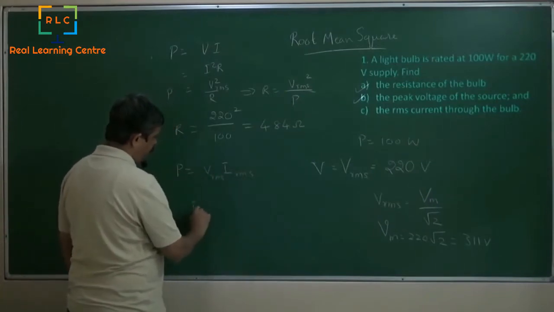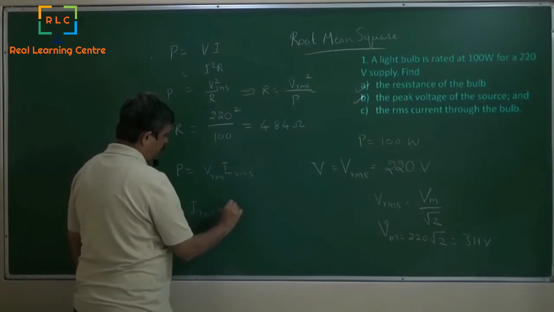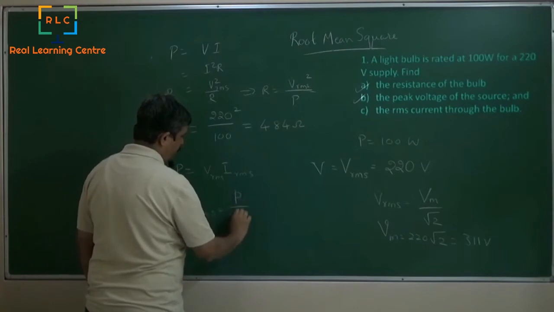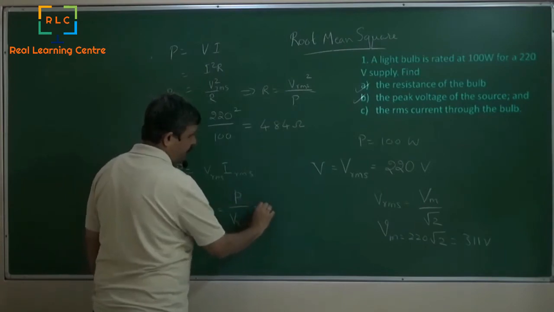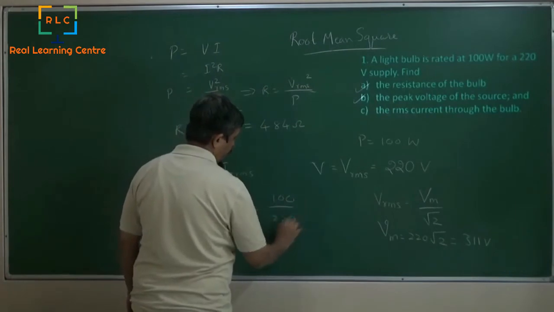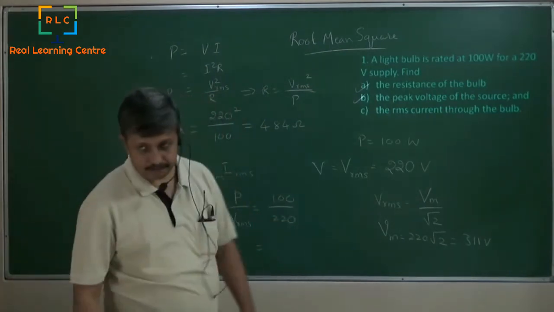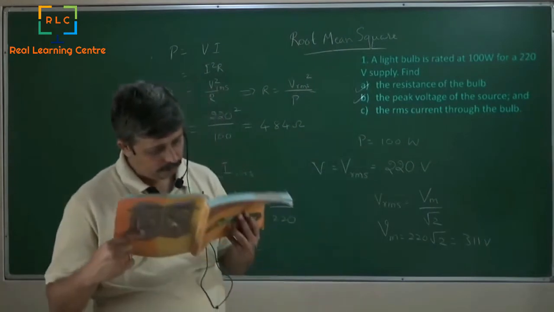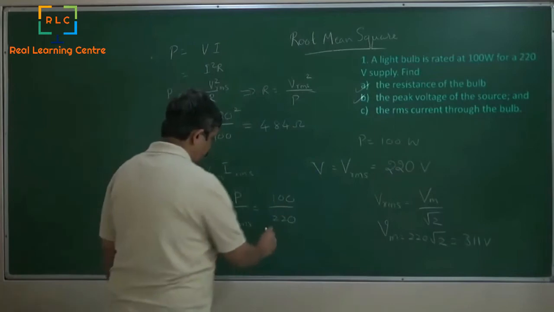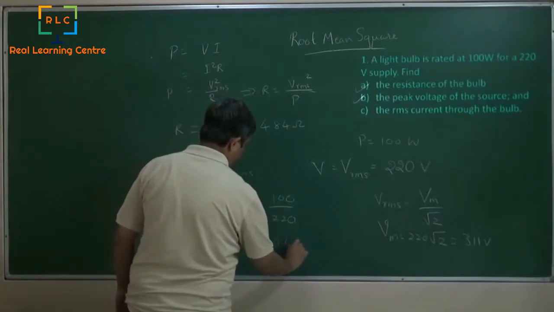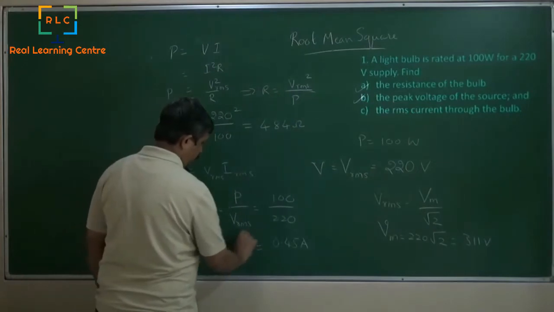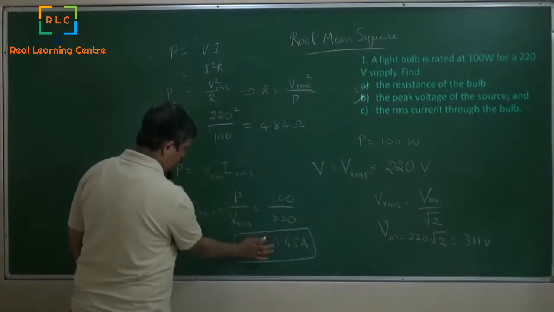Therefore IRMS is simply equal to P by VRMS, which is nothing but 100 divided by 220. That would turn out to be equal to 0.45 amps. Sorry, this is IRMS.